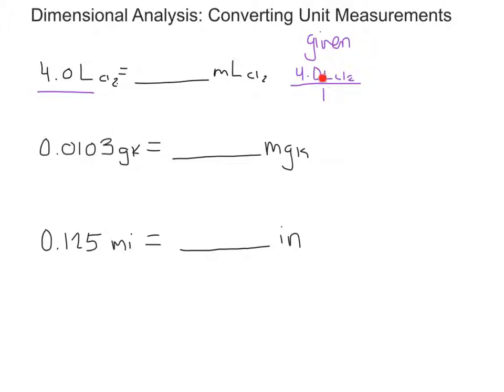You also always label your units, liters of chlorine gas, or Cl2. As of right now, it's not terribly important to label Cl2 because we're just converting from one number to another. But in the future, when we're looking at chemical reactions, we need to make sure we label every single thing. What is the compound or element that we're looking at the moment? So that's going to be what's given.